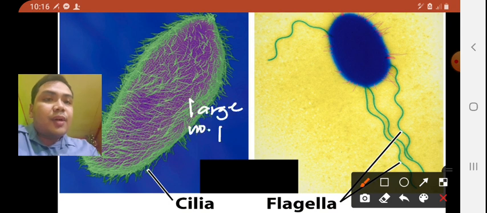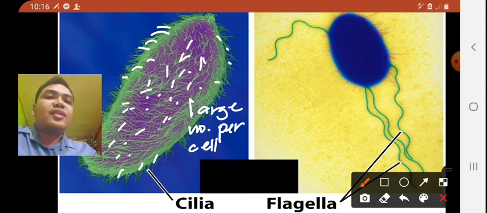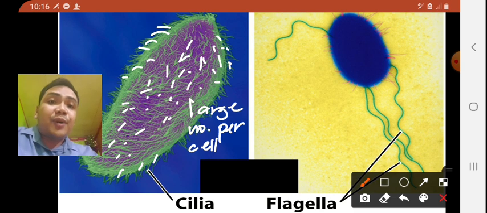So as you notice, we have several thread-like structures along the surface of these unicellular organisms. So we have large number of cilia per cell.